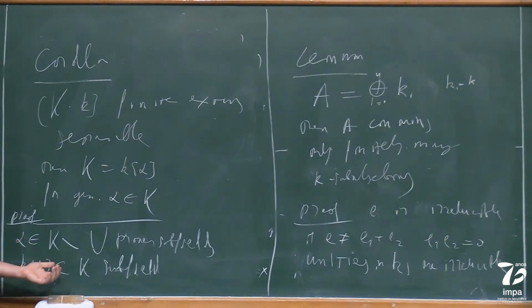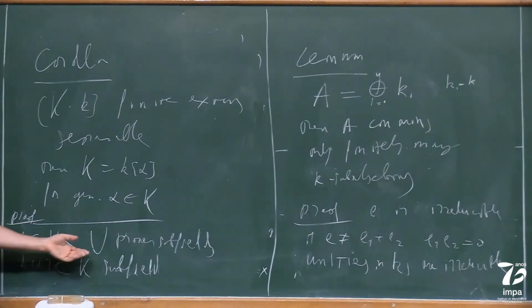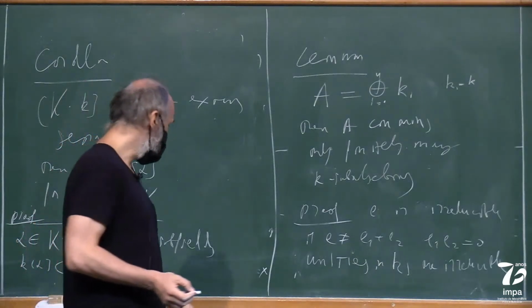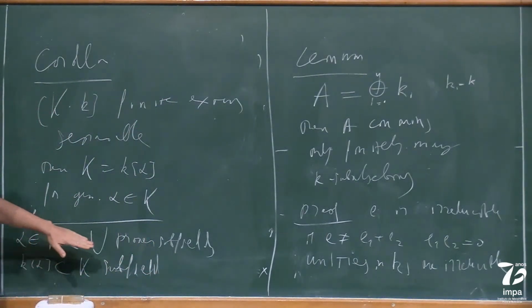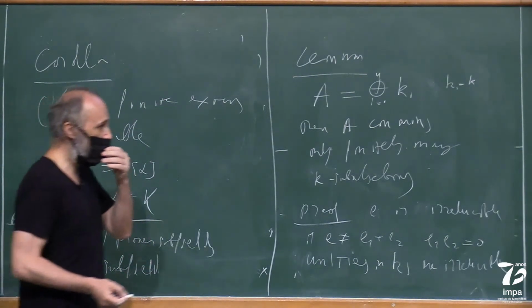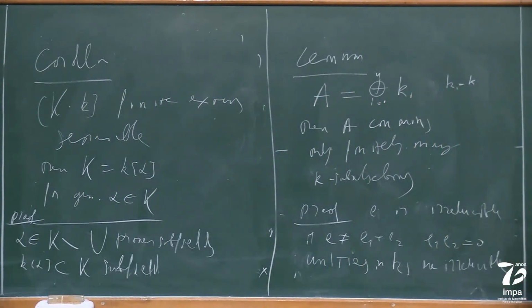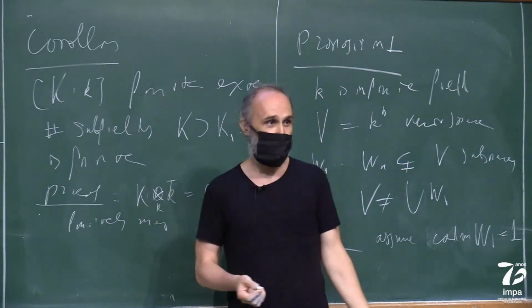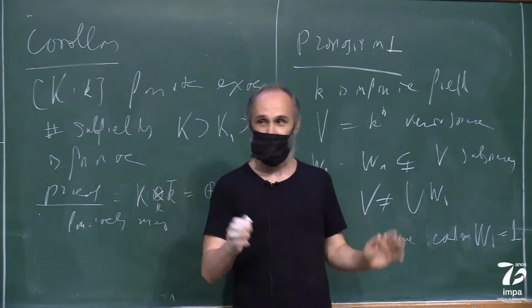Then this is everything, because it's a subfield but not a proper subfield. So it's K. What you use is that this complement is non-empty, and it is non-empty by this proposition that if you remove subspaces in a vector space, the complement is always non-empty. Am I clear? Okay, good.